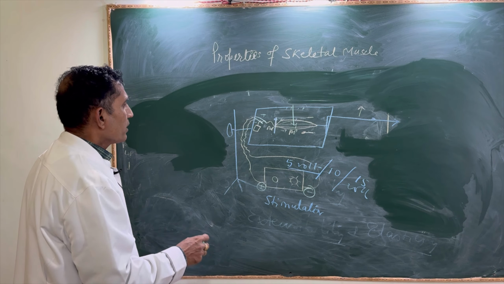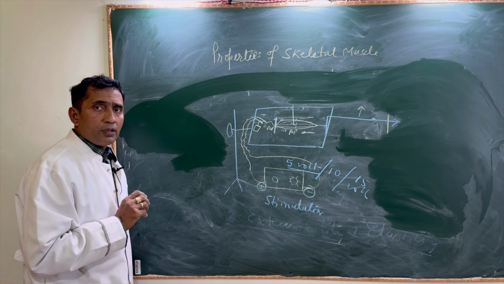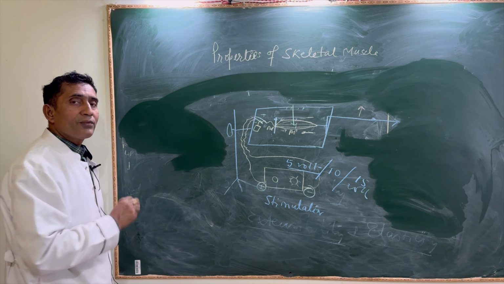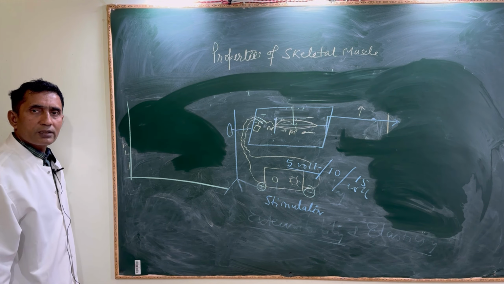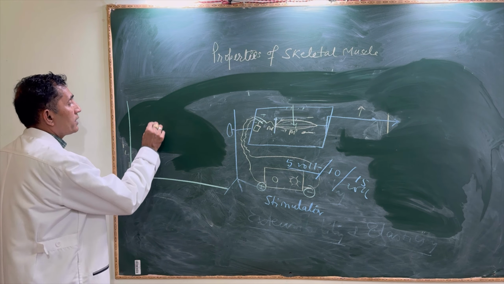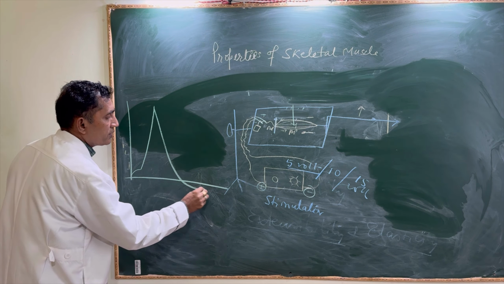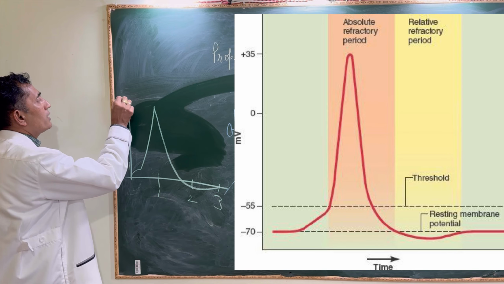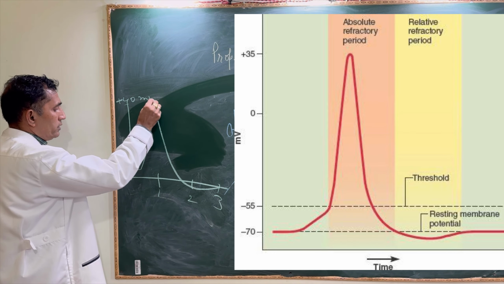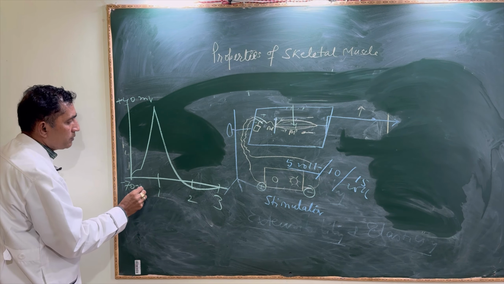Now coming to the refractory period. The refractory period also can be tested very nicely. Just look at this. What is the refractory period? That we must look at. This is the action potential recorded in skeletal muscle, 1, 2, 3, and this is plus 40 millivolt, and this is minus 70 millivolt.